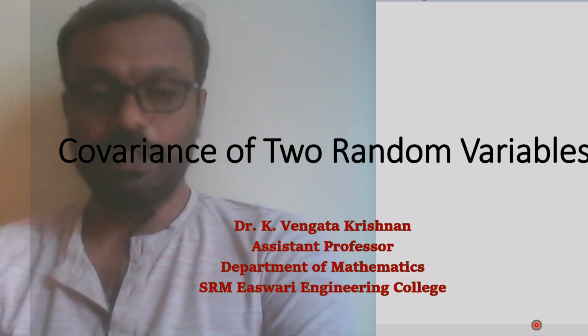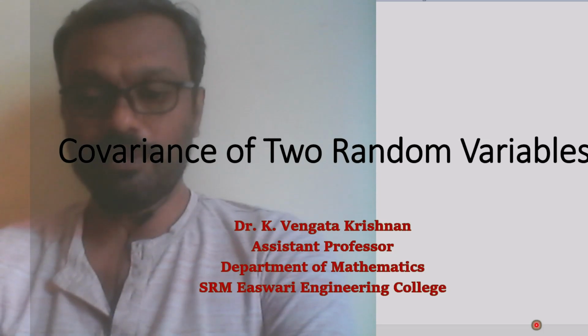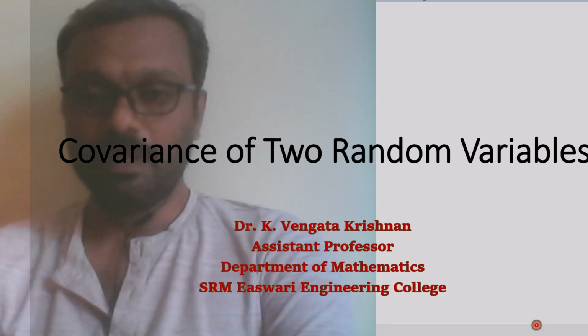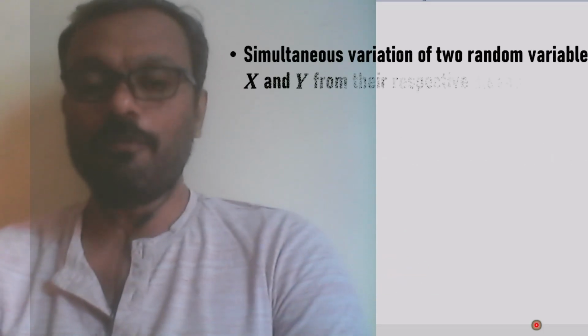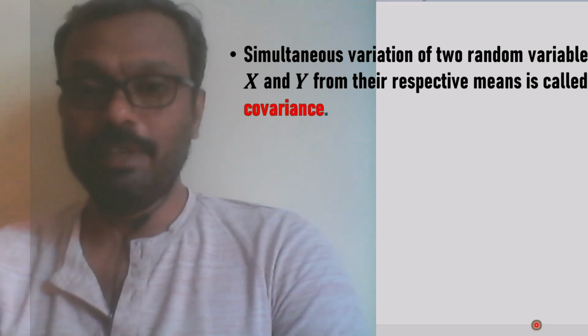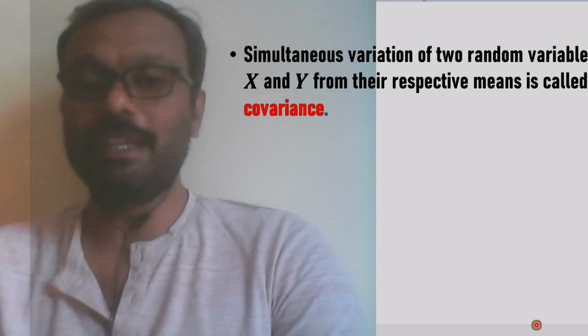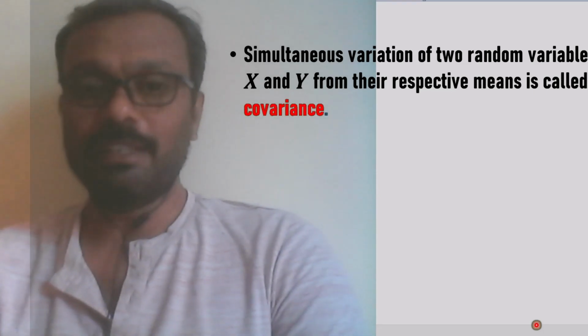In this video, we will be discussing covariance of two random variables. We are already familiar with variance of a random variable. That is, how far a random variable deviates from its mean is called the variance.